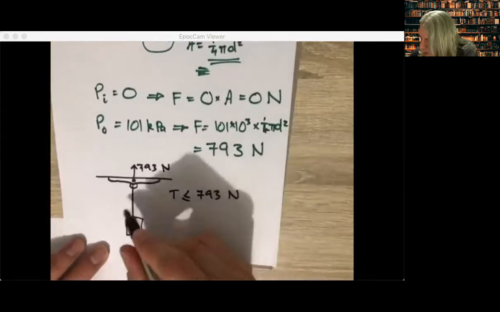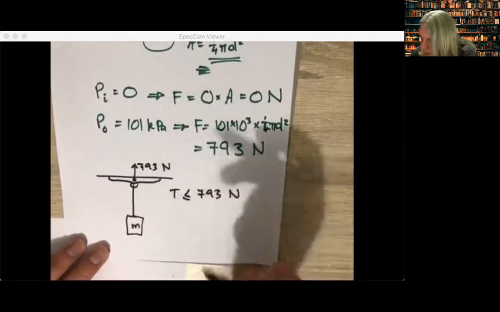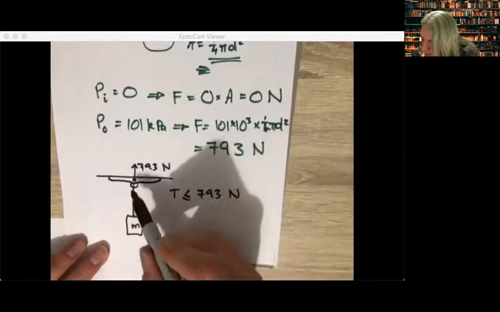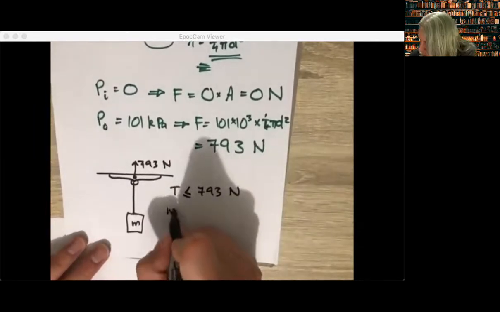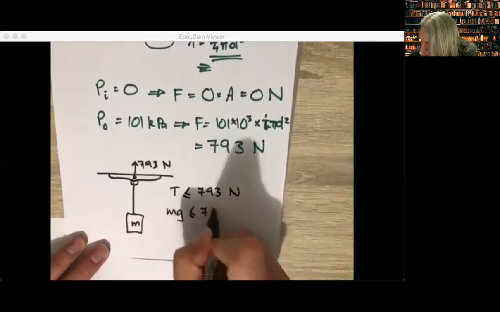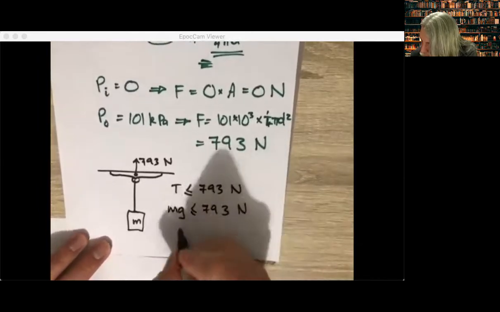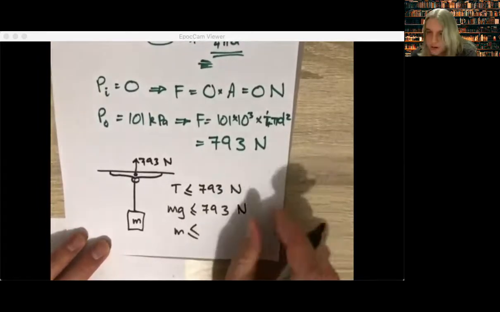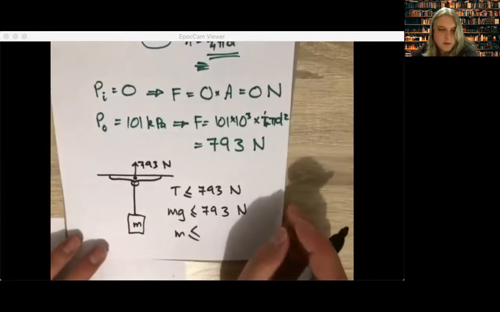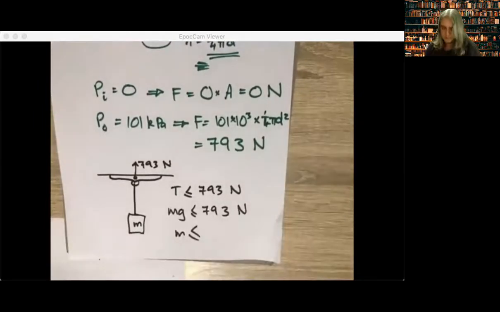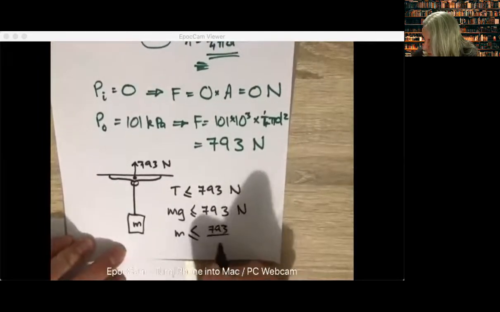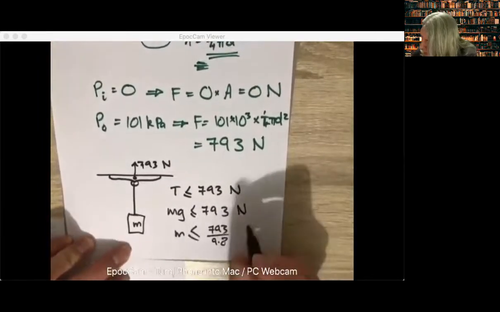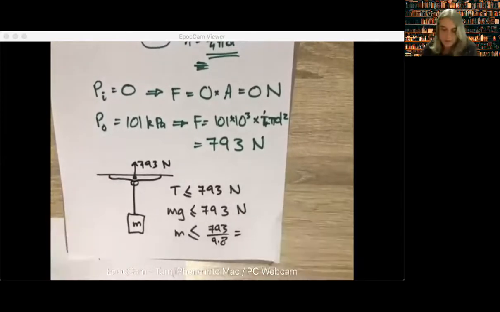And of course, we know the tension in the string, again assuming idealized strings, so our usual physics assumption that this is a massless, inextensible string and all of that, we have the mass times gravity is less than or equal to 793 newtons. So the mass is less than or equal to 793 over 9.8. And that will give us whatever that comes out to be.